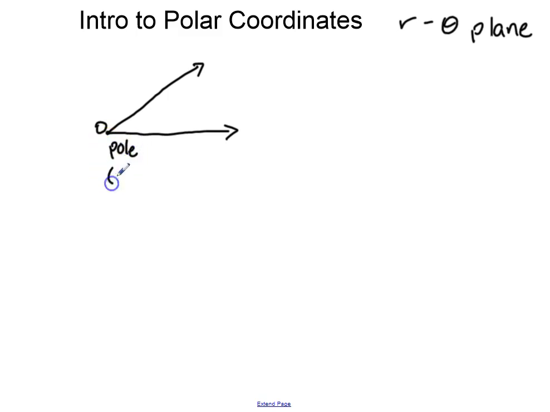All right, it's at the origin or the pole. And the initial side is called the polar axis. All right, and you're always going to use the polar axis as your initial side.